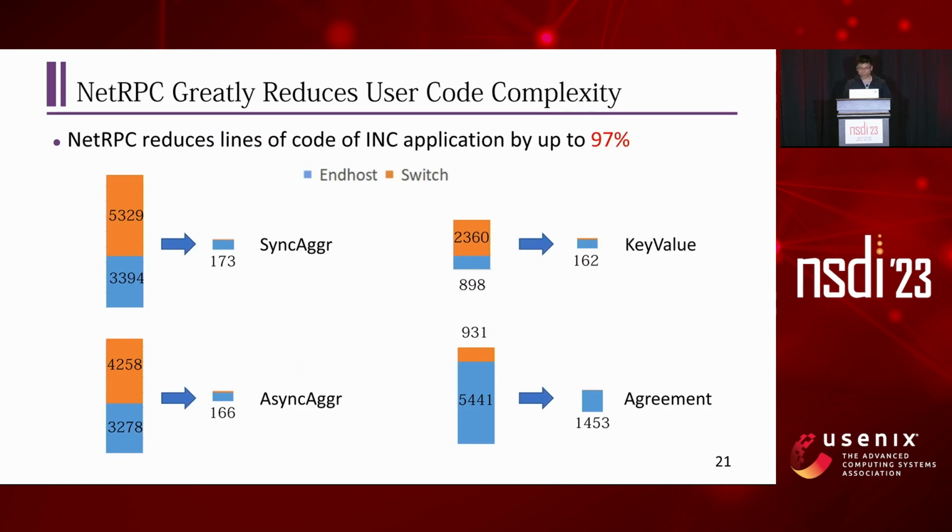First, we compare the lines of code of NetRPC-based systems with the prior arts. And we can find that NetRPC can reduce the lines of code of applications by up to 97% for different types of INC applications.